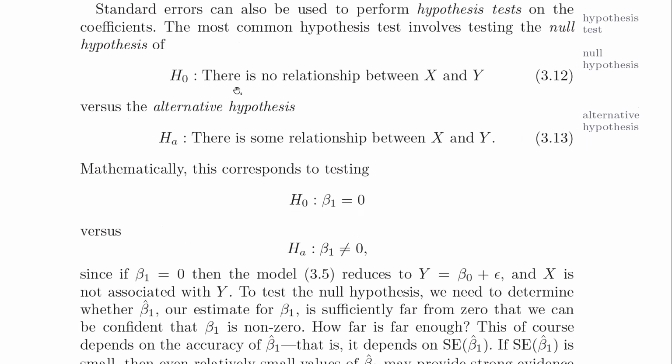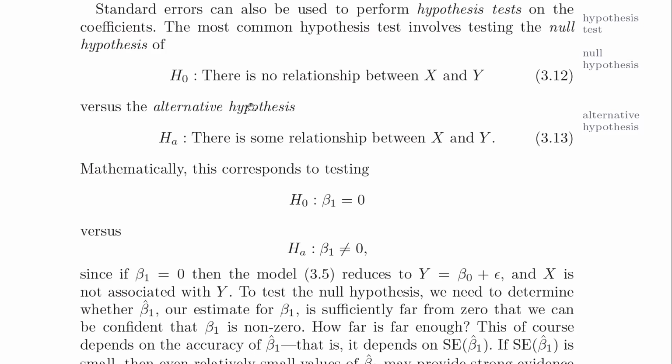Maybe there might be relationships, and quite a bit of correlation, although crypto was meant to be a hedge against inflation and other movements. So your H naught is the null hypothesis, and you start out by assuming there's no relationship. Now the alternative hypothesis is that there is a relationship.